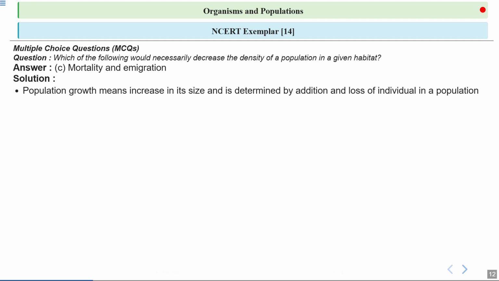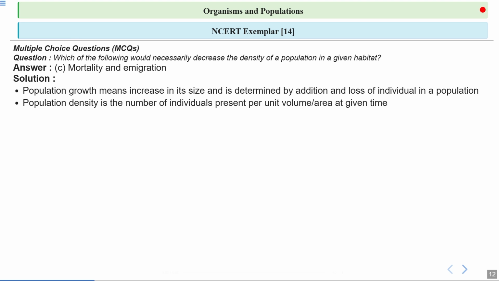First, let's understand what population growth is. Population growth means an increase in its size. It's all about how the size of a population changes, and that's determined by both the addition and loss of individuals. Now let's define population density.